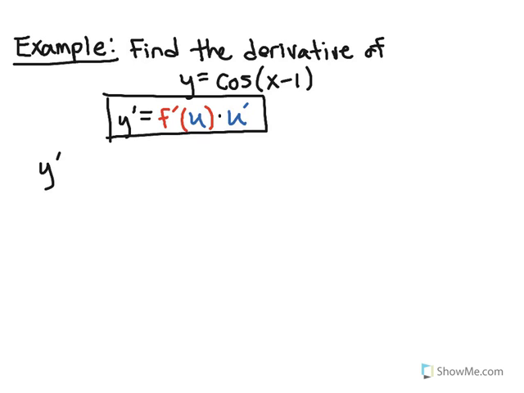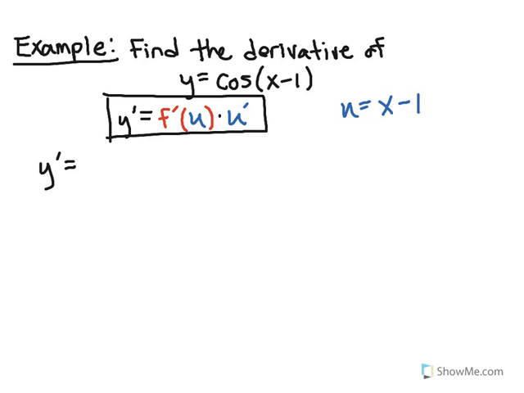So y prime equals, now once again look for your inside function first. When I look at this, I know that I can find the cosine of just an x or just a t and so forth, but I don't know how to find the cosine of x minus 1. So it sounds like this x minus 1 is going to act like our inside function, so I'm going to write u equals x minus 1.